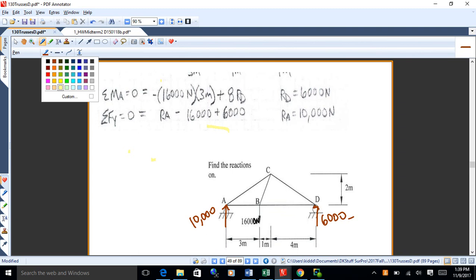So before you start jumping into a truss, you want to know what the reactions are. That's an important thing. So that's step one. Next thing I'd probably do would be to get those angles in there, because when you work through a truss, you got to know the angles.